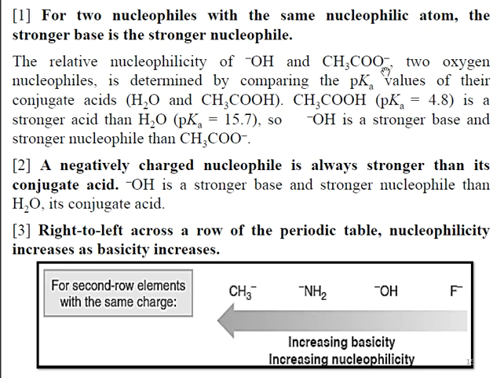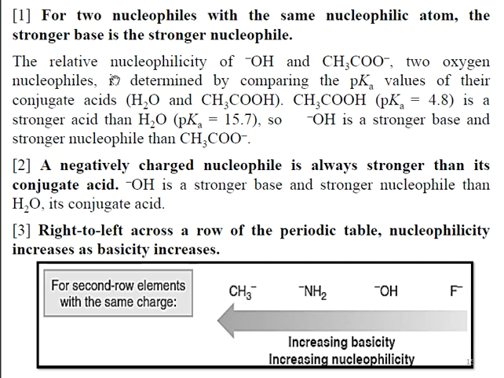Which one is more stable, this or this? Of course this one is more stable, because the negative charge is delocalized by resonance. Here we have resonance, and it will be stable. This OH has no resonance, so it will be less stable. The less stable base, or less stable negative species, will be the stronger nucleophile. That means this one will be the strong nucleophile and this one the weaker nucleophile.